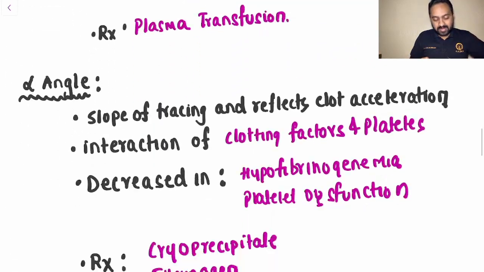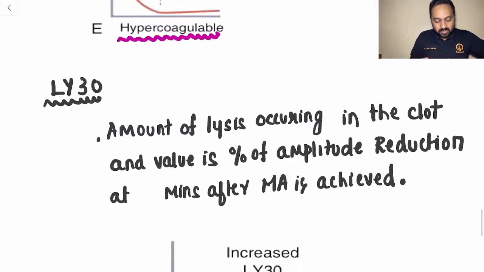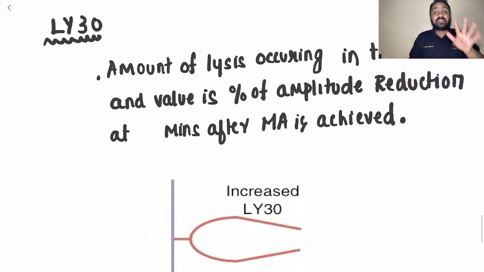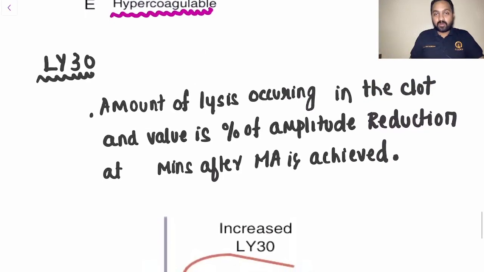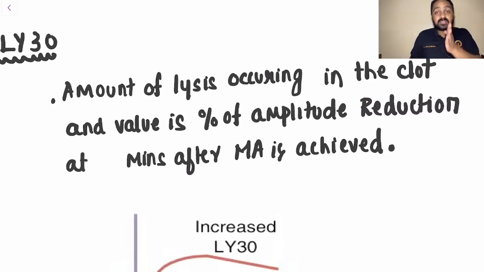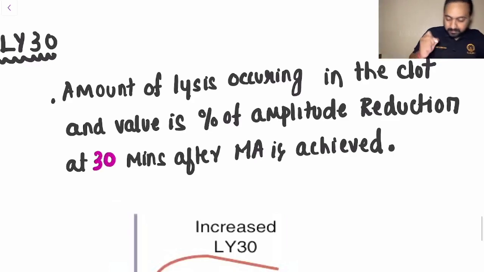So what is this, your LY? So this is the amount of lysis occurring in the clot, and the value is the percentage of amplitude reduction at 30 minutes after MA is achieved.